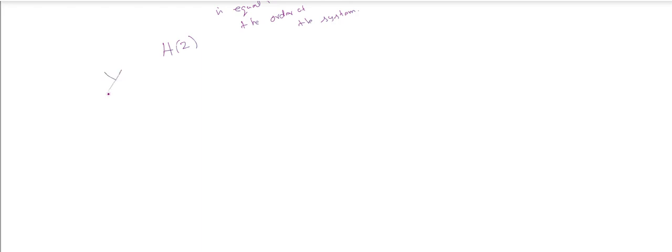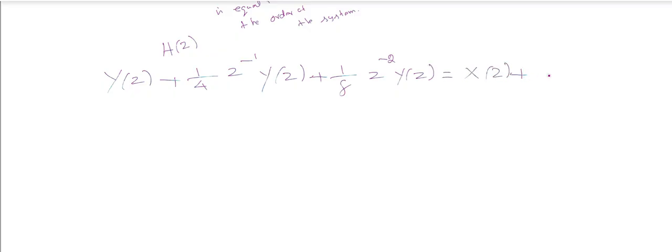Sometimes the difference equation can be given, and you have to take the z transform: Y of z plus 1 by 4 z inverse Y of z plus 1 by 8 z minus 2 Y of z is equal to X of z plus z inverse X of z. This is the problem as given.